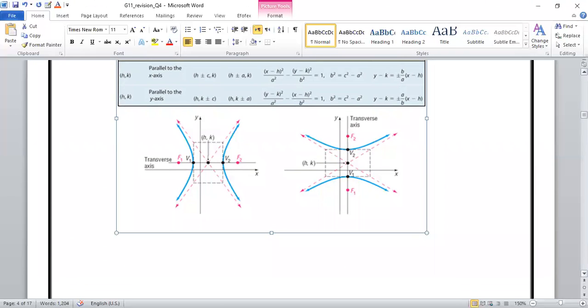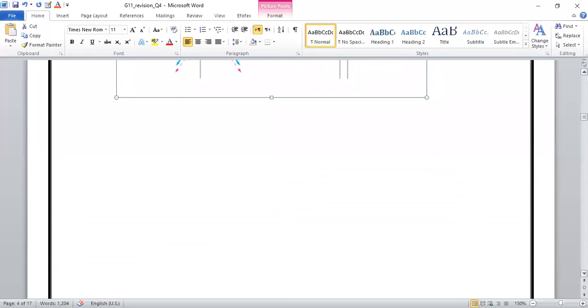This is a quick revision on the conic sections.